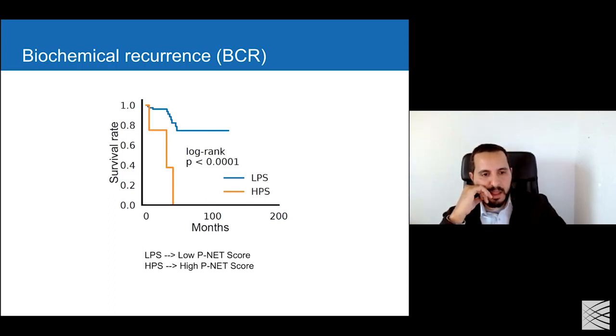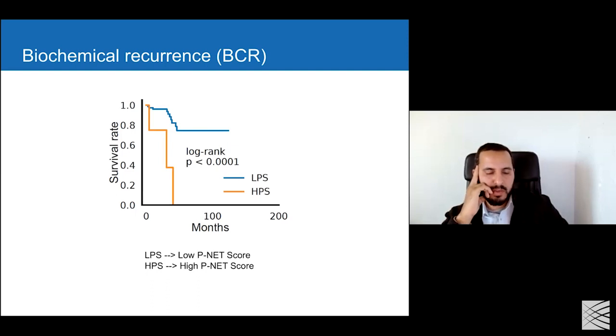seemed to have a worse prognosis, which means that they are probably more susceptible. They have a higher probability of developing biochemical recurrence later in their life. On the other hand, patients who have a lower PNET score had better survival, better progression-free survival.